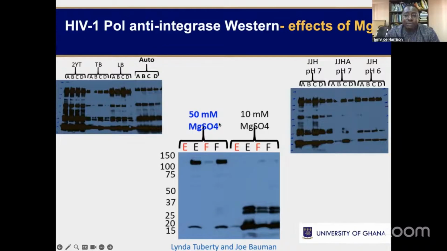If you do the same experiment where the magnesium level is at 50 millimolar, you can clearly see that you have a similar pattern to what you saw with pH 6. You get a full-length protein, with very little breakdown. This is when we knew that the magnesium and the pH are the two most important factors.